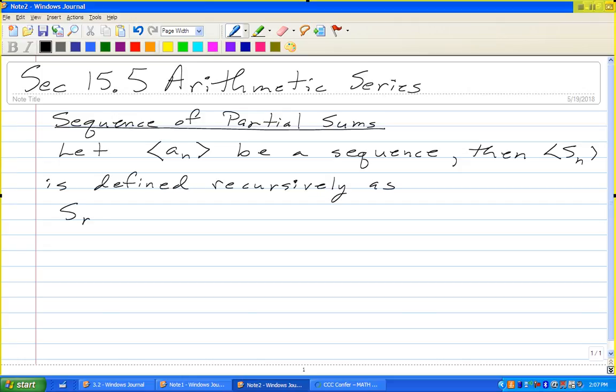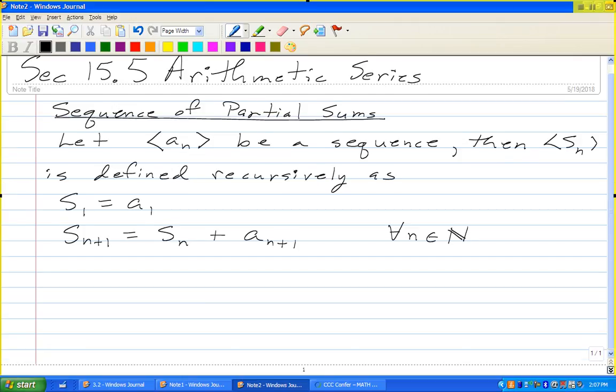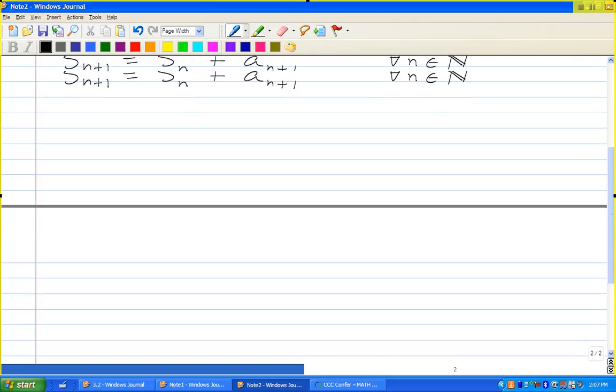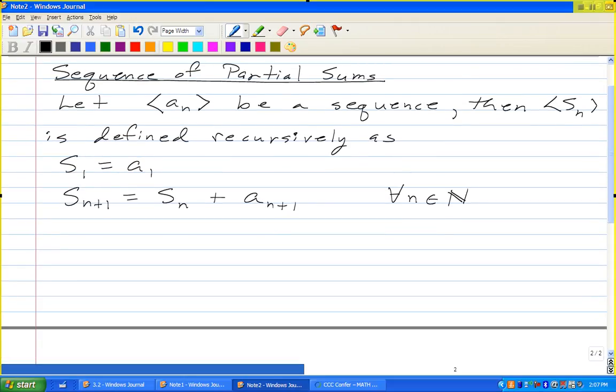You'll let S sub 1 equal a sub 1, and you'll let S sub n plus 1 equal S sub n plus a sub n plus 1. And this is for all natural numbers n.